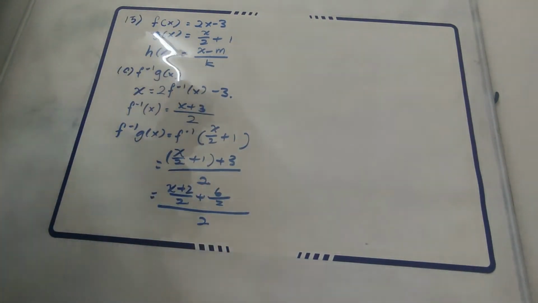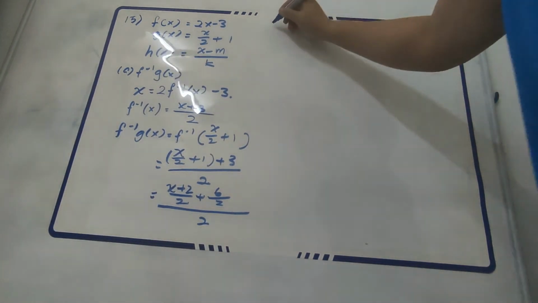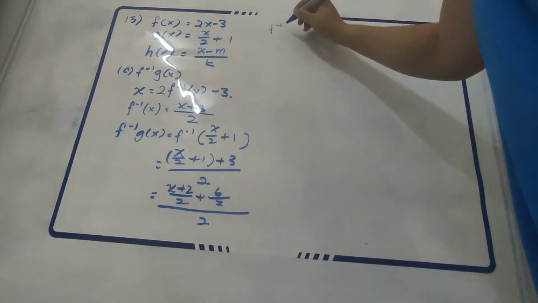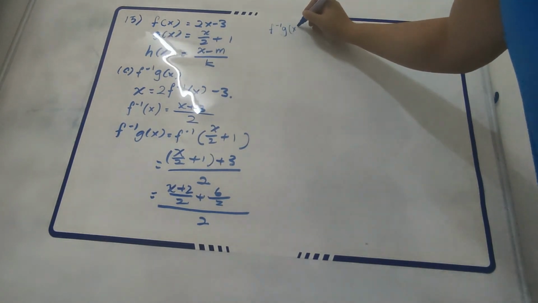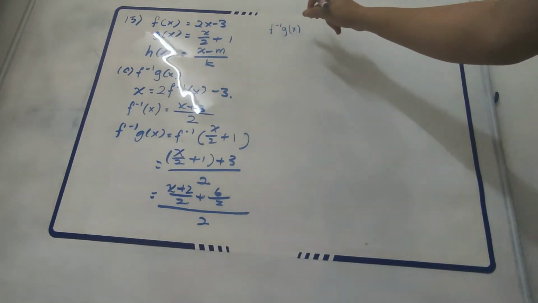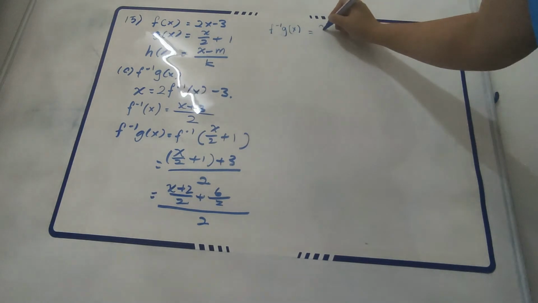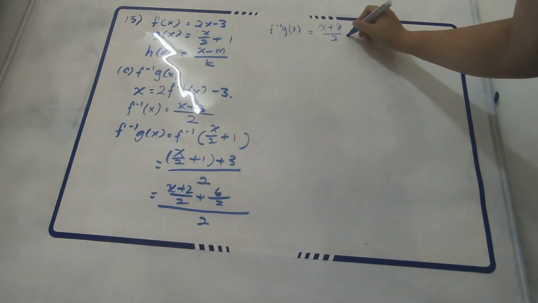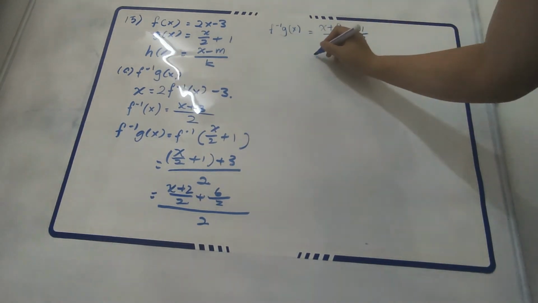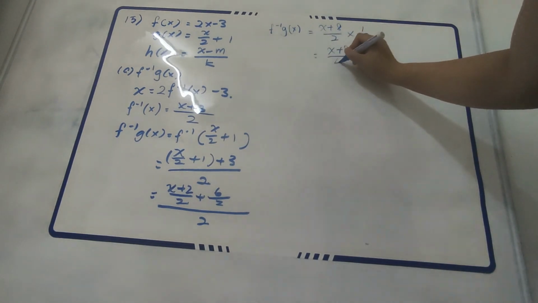You get (x plus 8) over 2 times 1 over 2, so it equals (x plus 8) divided by 4.